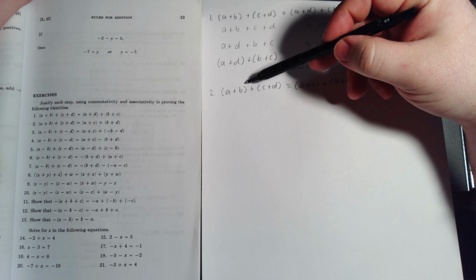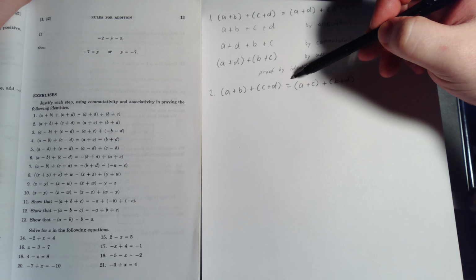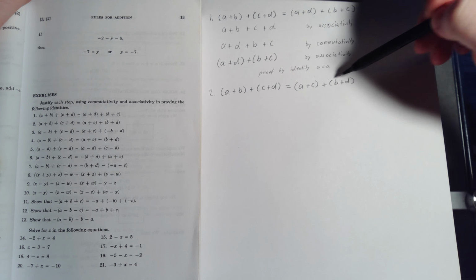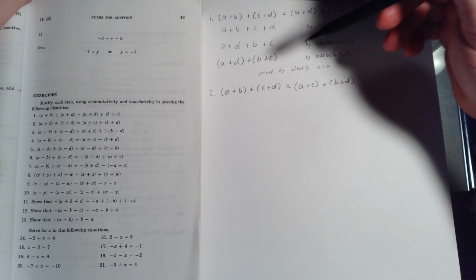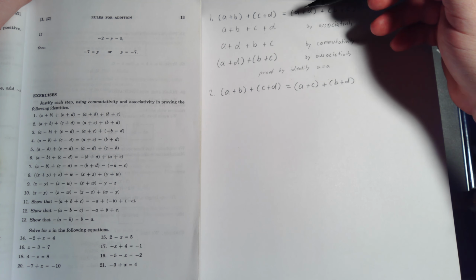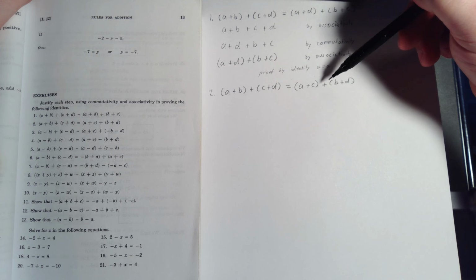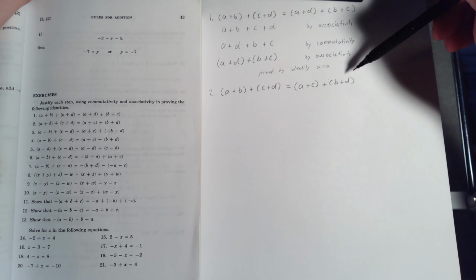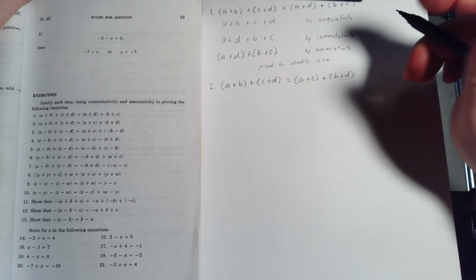So we have A plus B in parentheses plus C plus D in parentheses is equal to A plus C in parentheses plus B plus D in parentheses. So we have a similar situation as above, where we have the same groupings of parentheses, but what's in the groupings is different. So we could effectively repeat what we did above.